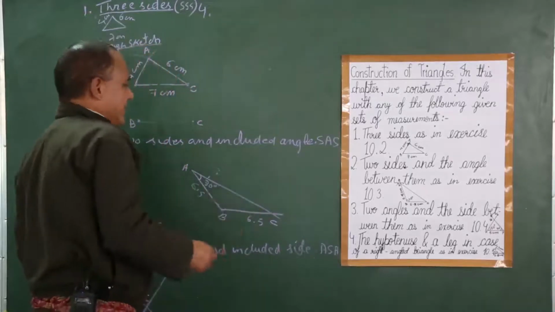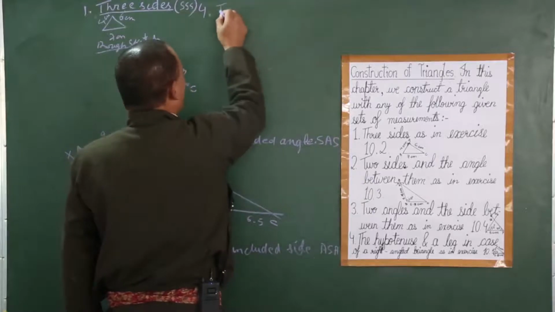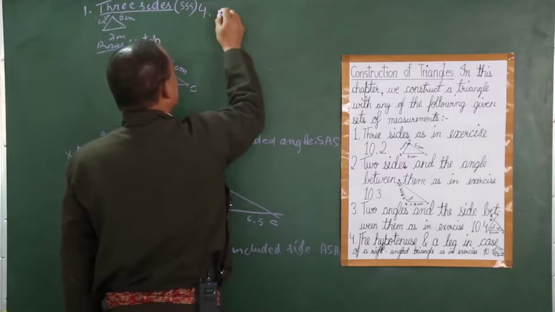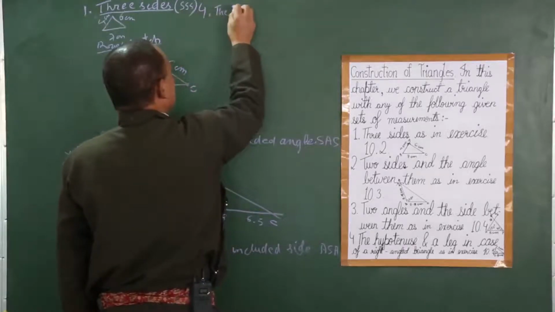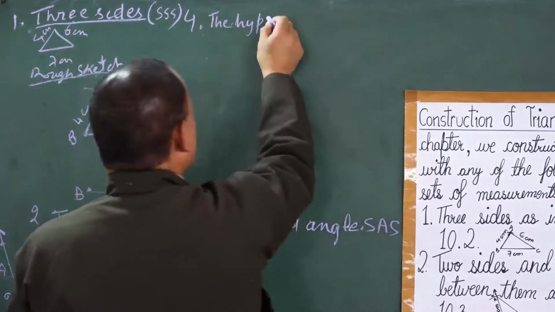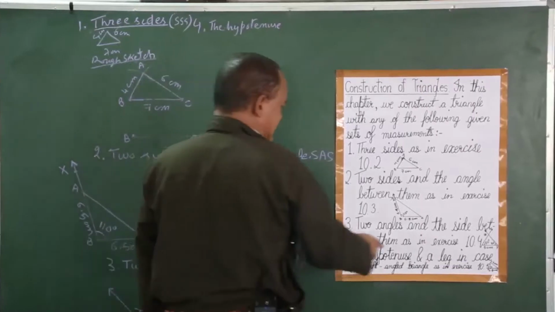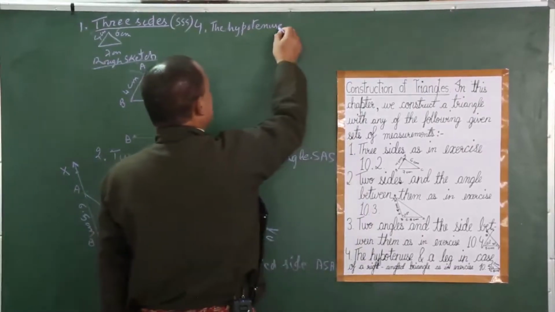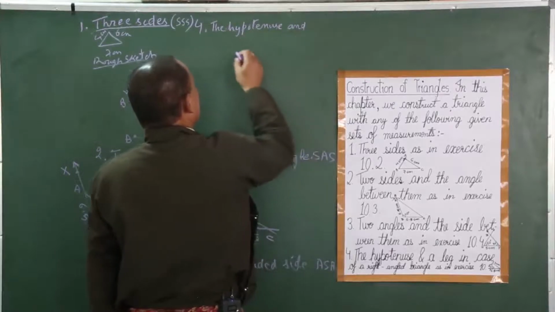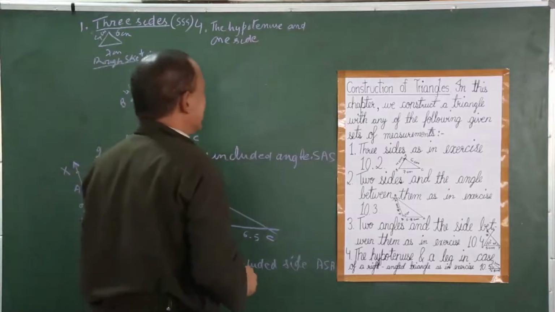Then you have the last one, what we have is like 4-1. What you have is hypotenuse and one side.